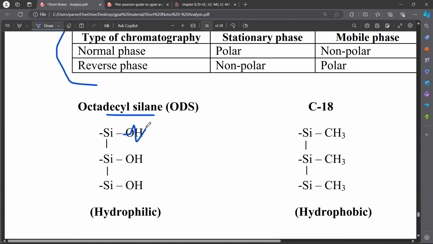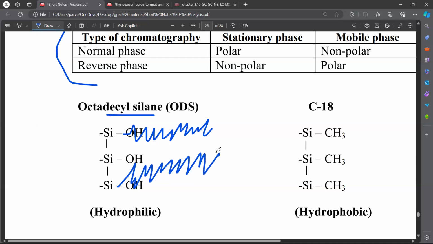It is a long carbon chain which is bound in place of one OH group, and this is another big chain. Sometimes some of the OH groups are not getting silylated or derivatized due to the repulsion between these two chains, due to this large bulky chain.